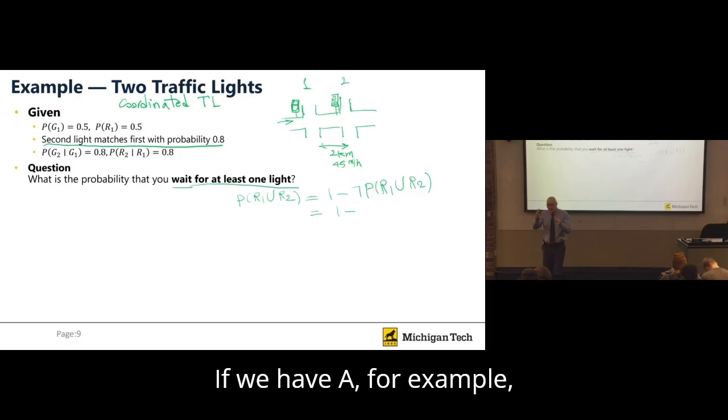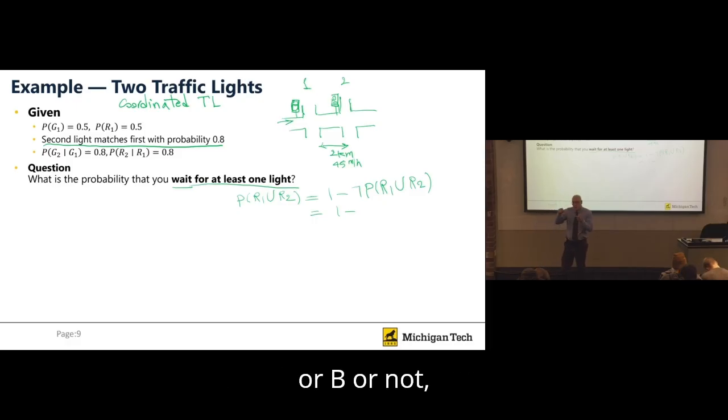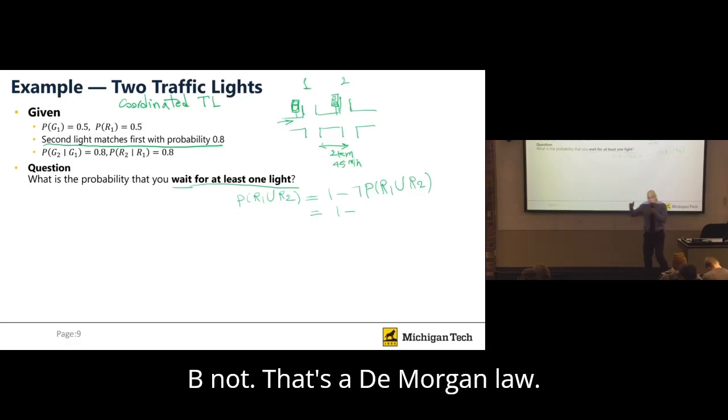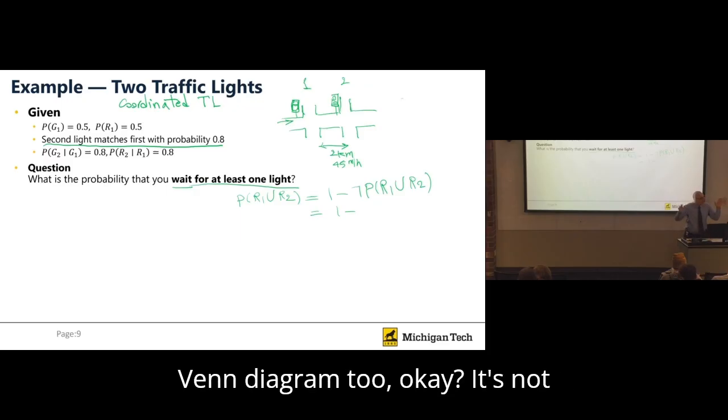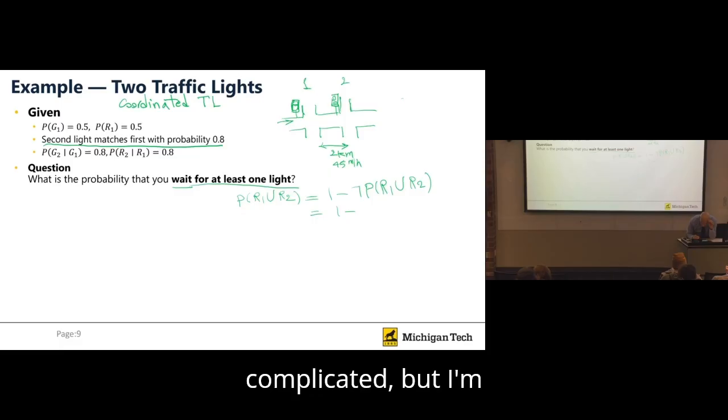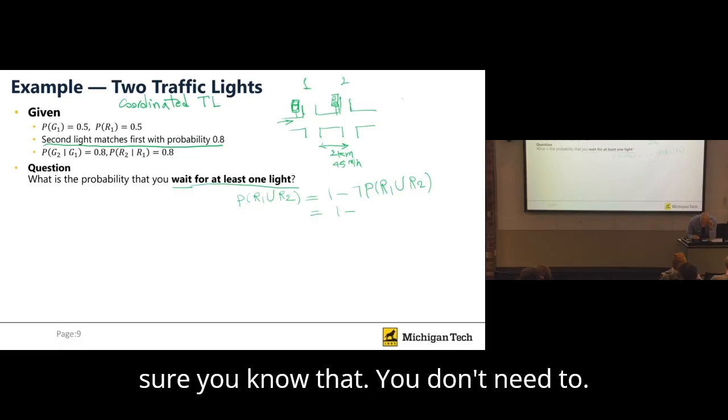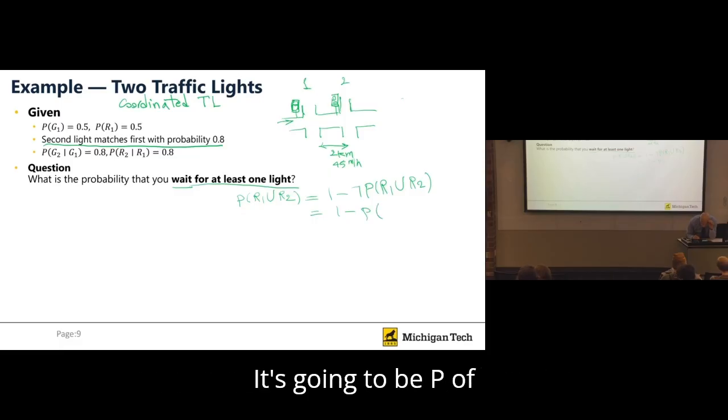If we have A or B, all negated, it is equal to not A and not B. That's De Morgan's law. De Morgan's law can be proved using a Venn diagram too. It's not complicated, but I'm sure you know that. It's going to be 1 minus P of not R1 and not R2.